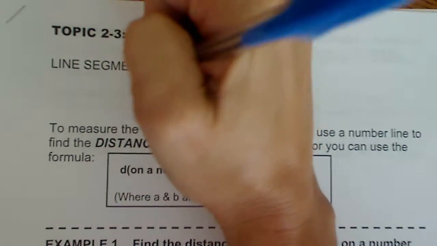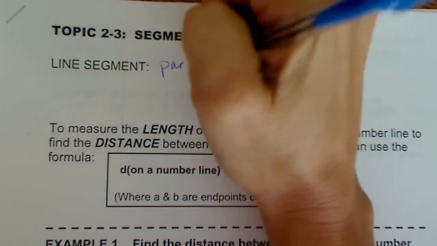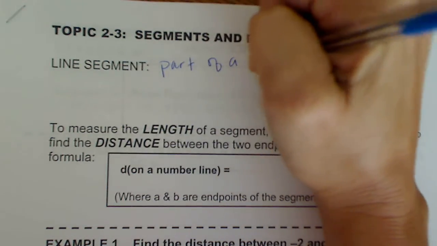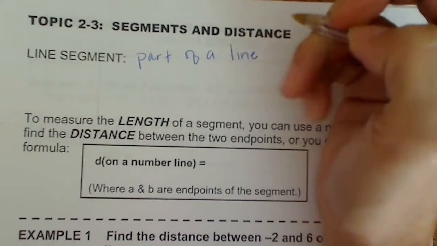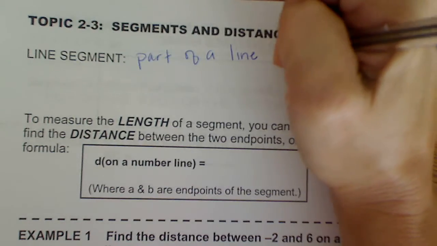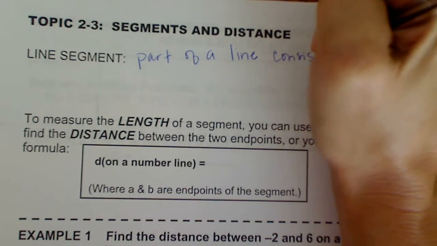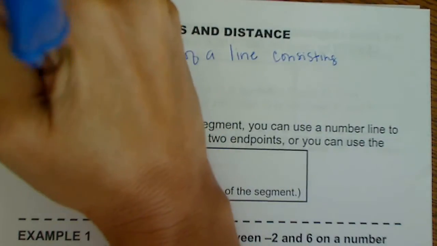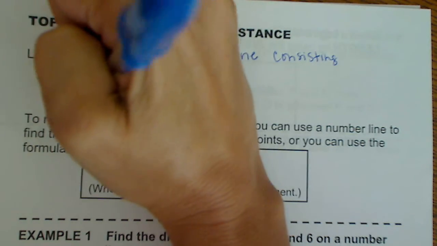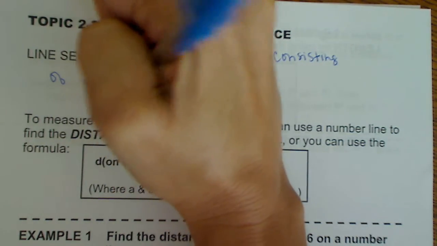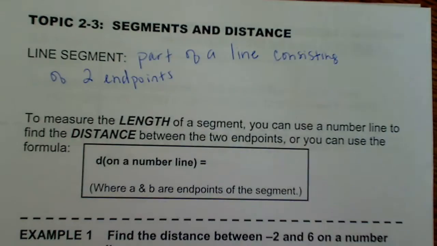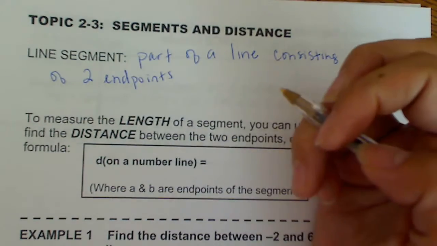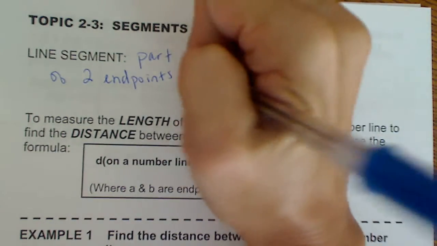Okay, so we have a line segment. That is part of a line consisting of two endpoints and all the points between them.